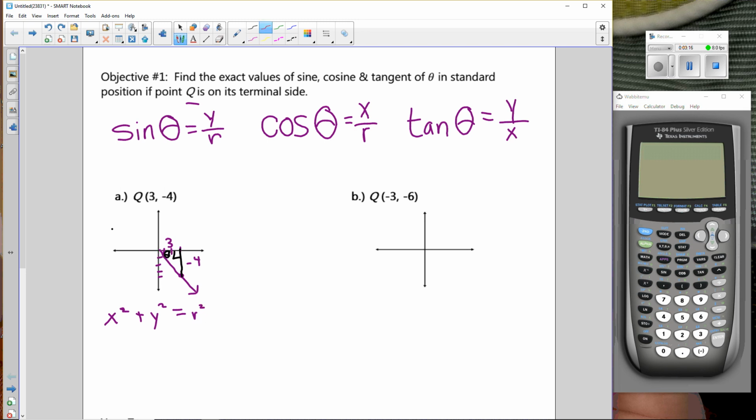But of course, it's just the same thing. So 3 squared, make sure if you do this in the calculator, you put -4 in parentheses. And hopefully from your geometry days, this might be one you just have memorized. So we get r squared equals 25, so the radius is 5.